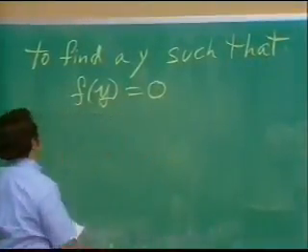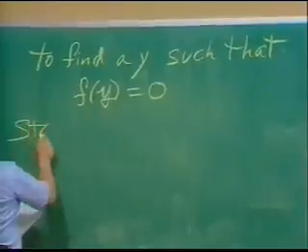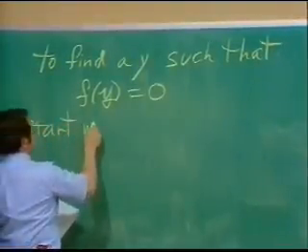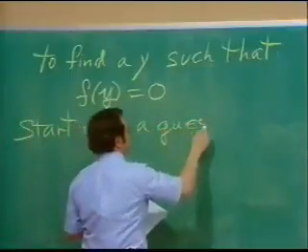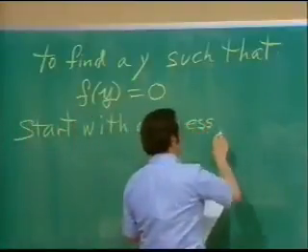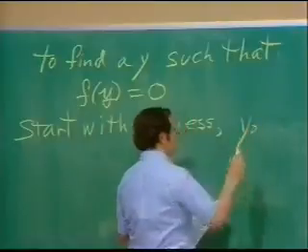This is Newton's method. And the guess we start with, we'll call y0.